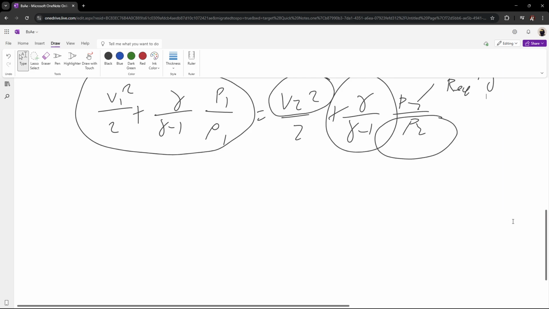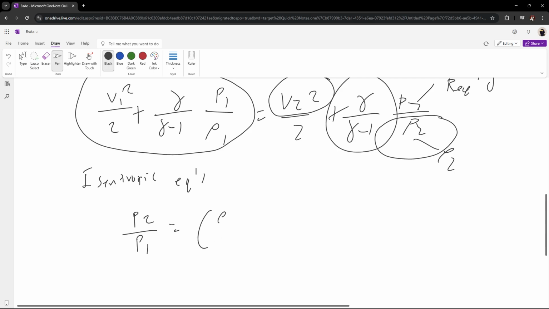Now, using the isentropic equation, we use P2 to get rho 2. We know that P2 over P1 equals rho 2 over rho 1 raised to gamma.